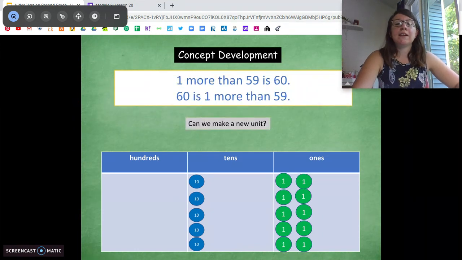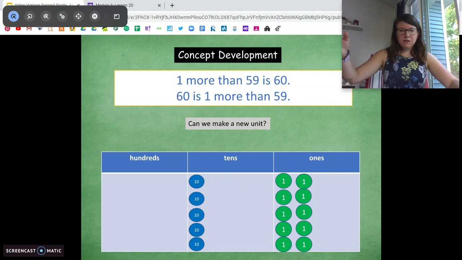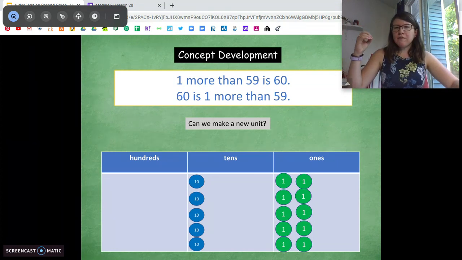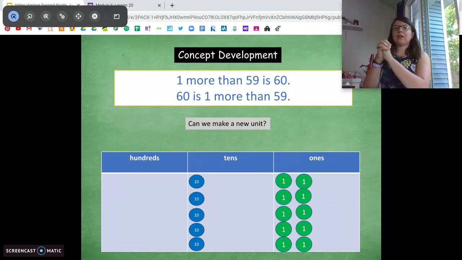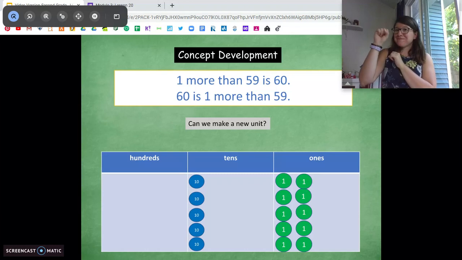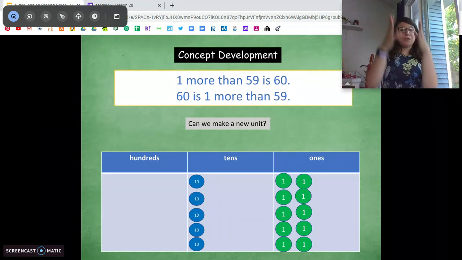Good, we're at 59. Now, when I add another one onto there, one more than 59 is 60, right? 59, 60. Now, when I have those 10 ones in there, can I make a new unit with those? Very good. What can I make? I can scoop them up and move them over to make a 10.